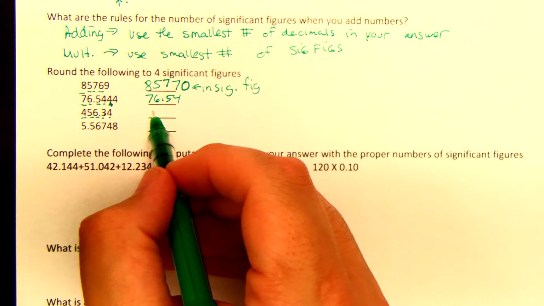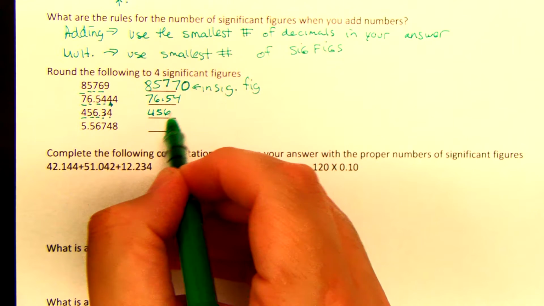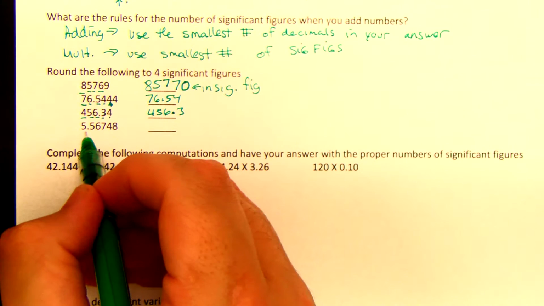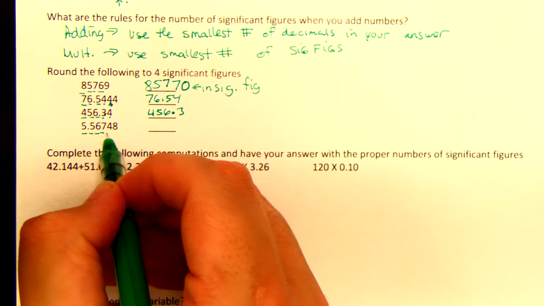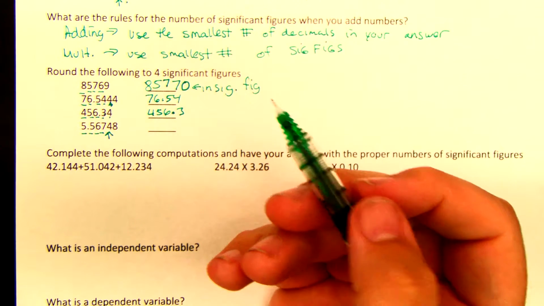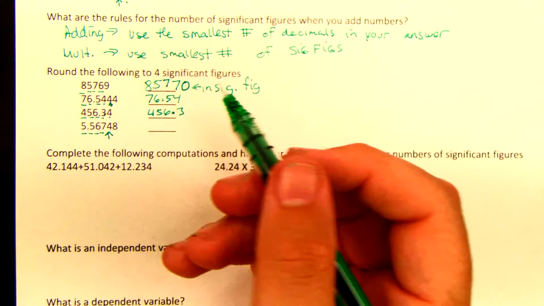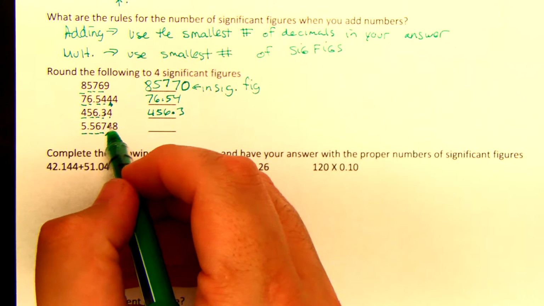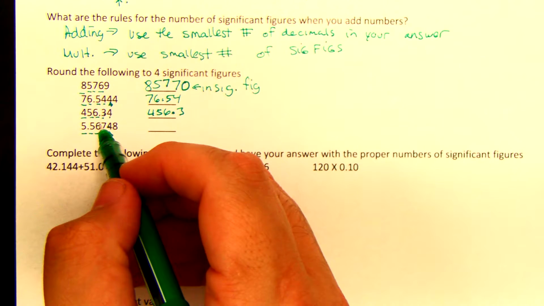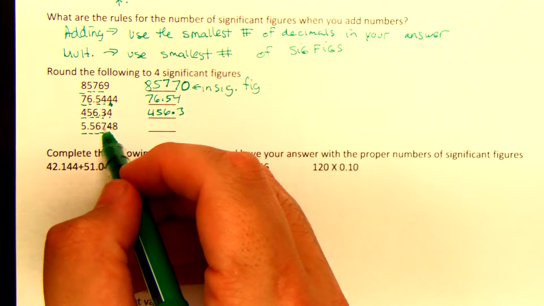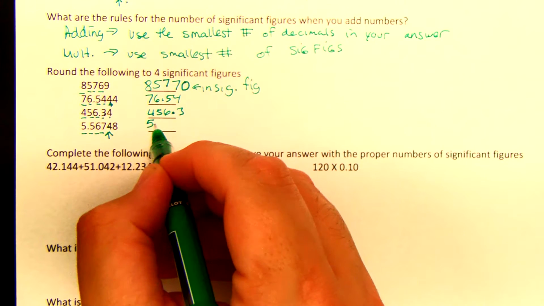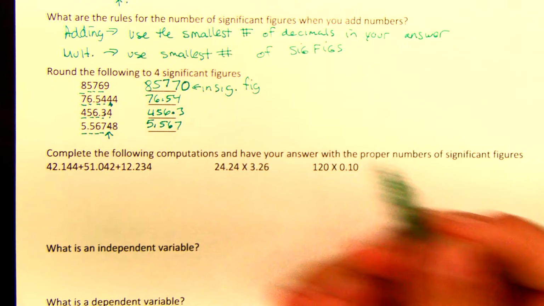So it's 456.3. Now we got 1, 2, 3, 4 there. So this is one where my typing was bad, and you had a 4 to make your decision every single time. That 4 is going to round that 7 to what? It's still 7, so it'll be 5.567. So you're able to actually do the rounding.